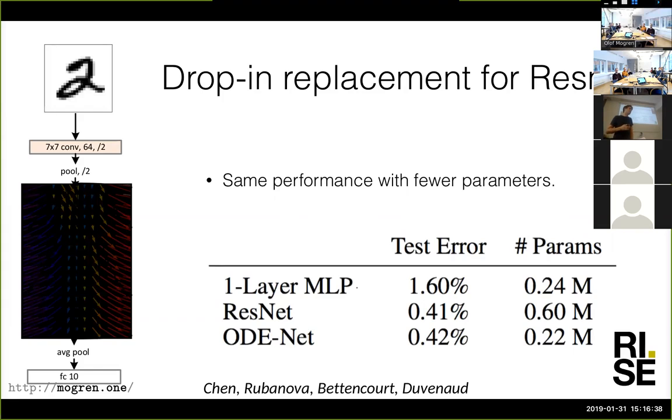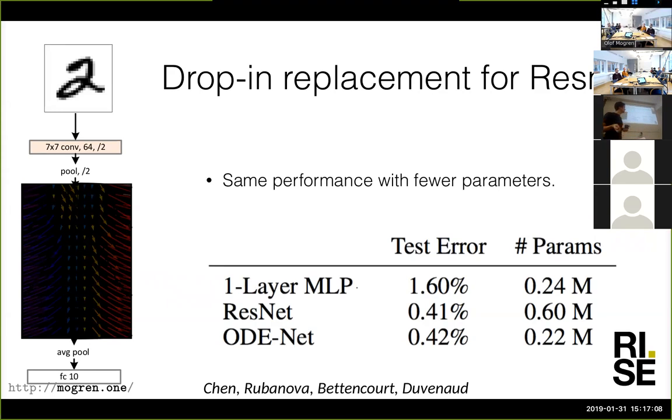So we're having a small ResNet, actually not sure how many layers, a small one with 0.60 million parameters, and we have 0.22 million parameters in this ODE-Net, and get a similar performance, which is pretty cool.